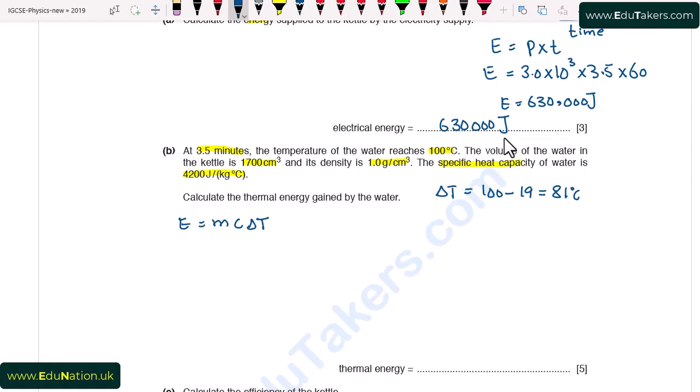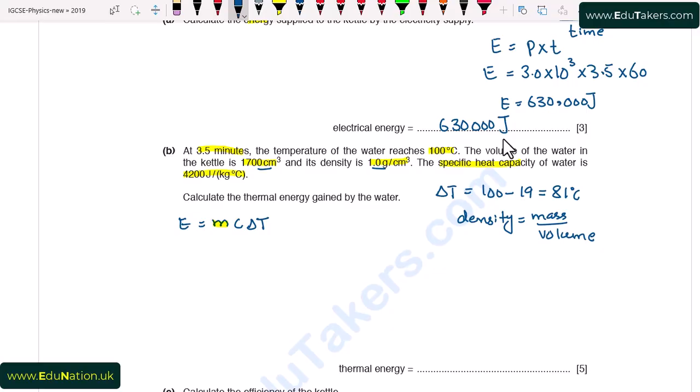So here we have to find the value of mass because mass is not given. For that we can see that density and volume are given. By using these values I can easily find the mass because density is equal to mass per unit volume. I write here density is equal to mass per unit volume.